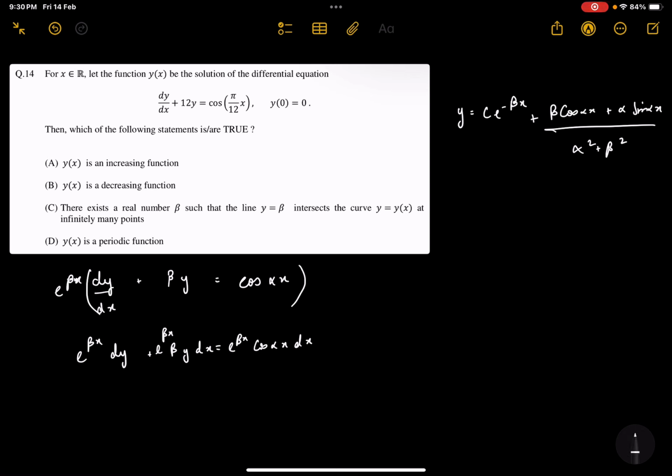And by y0 equals 0, we get the value of c, and eventually we get y equals (beta cos alpha x plus alpha sin alpha x) minus beta e to the power minus beta x, upon alpha square plus beta square.